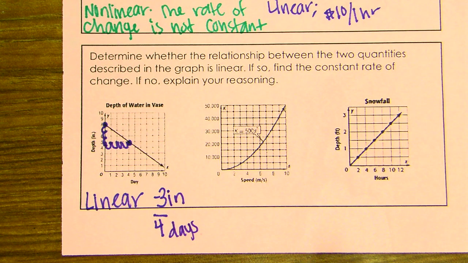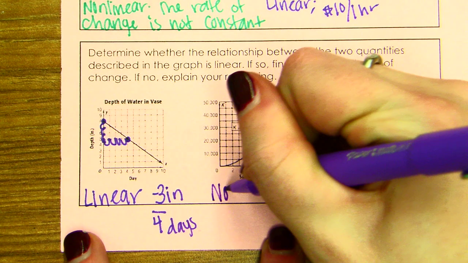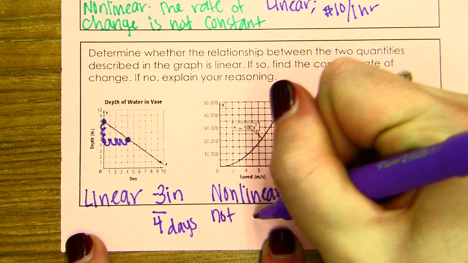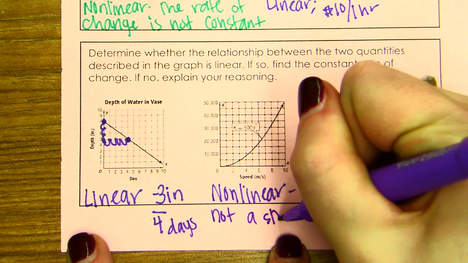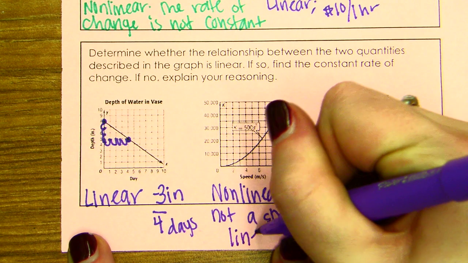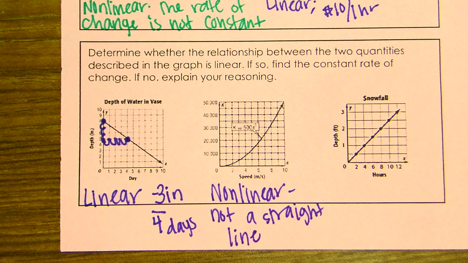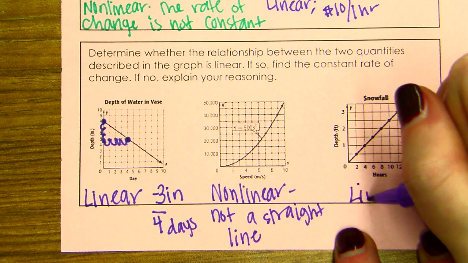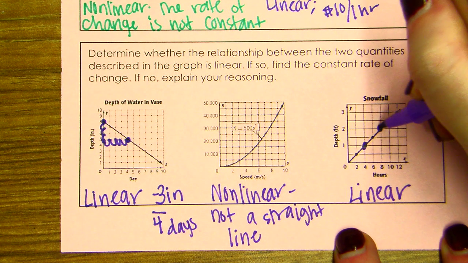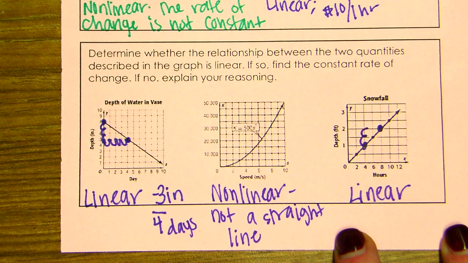This one is not a straight line, so we'd say it's nonlinear because it's not a straight line. And then this one is linear because it's a straight line, so I have to find the rate of change. I pick any two dots. If I pick these two, I'm doing change in y over change in x.